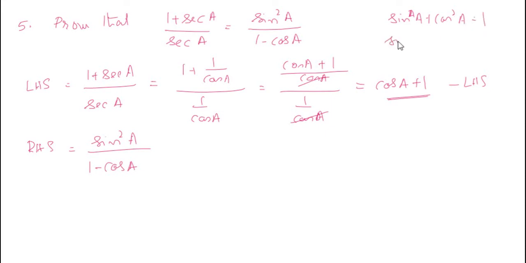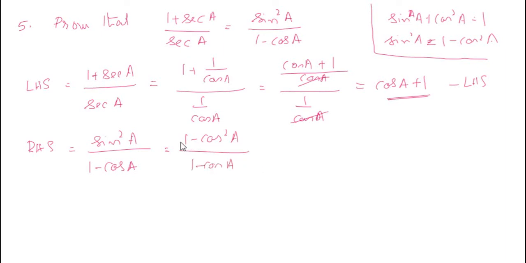Then sin square A equals 1 minus cos square A, taking it to the other side. So sin square A can be represented as 1 minus cos square A. So I am substituting this one as (1 minus cos square A) divided by (1 minus cos A).